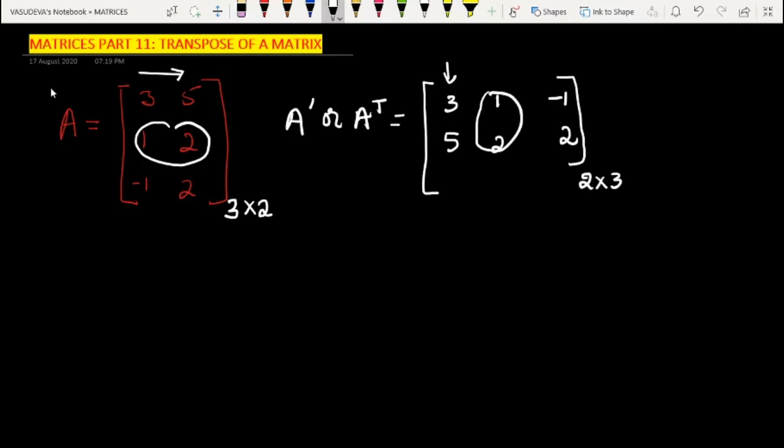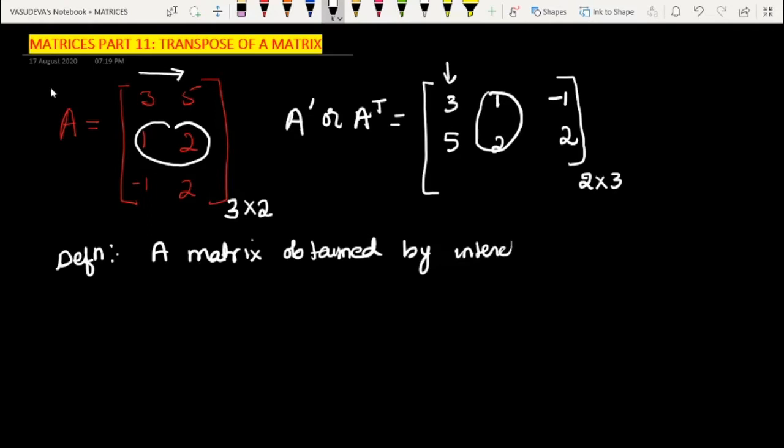So it is a flipped version. So the transpose of the matrix is the matrix obtained by interchanging the rows into columns. So the definition of the transpose of a matrix: obtained by interchanging rows and columns of the original matrix.